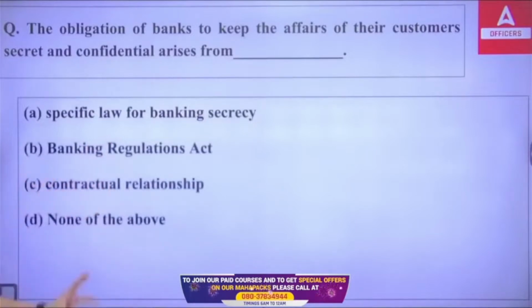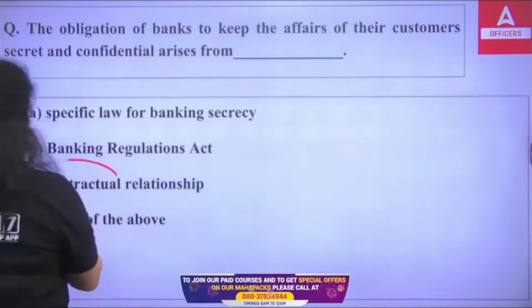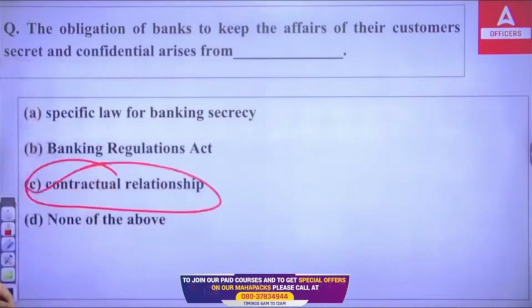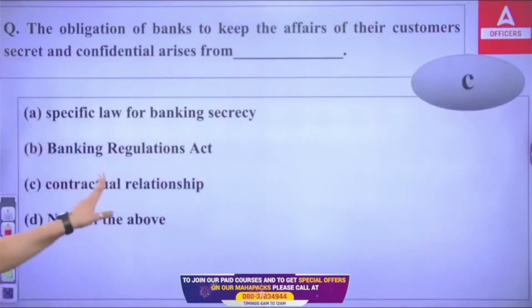So secrecy and confidentiality, the obligation of a bank towards the customer, where does it come from? It simply comes from the contractual relationship the bank and customer are having. So right answer will be C.